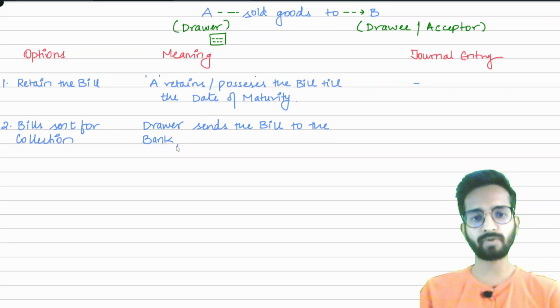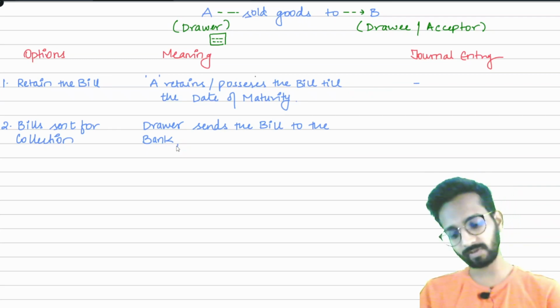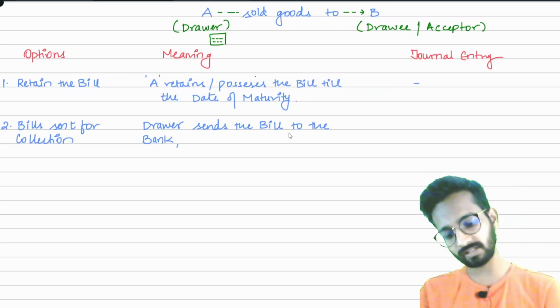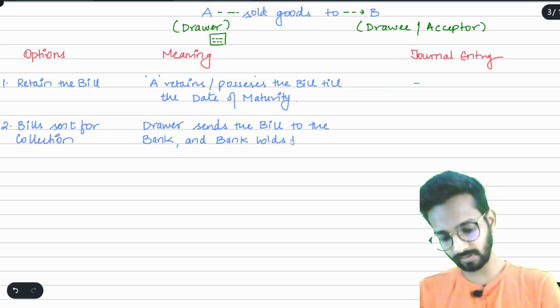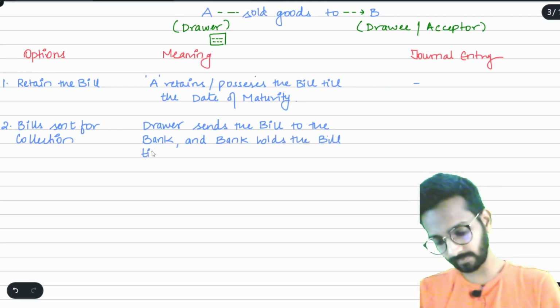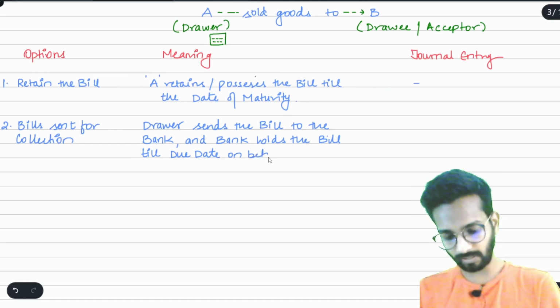Now here we are assuming that the bank will get money from B, and when B pays money to the bank, that bank will again come to our drawer and give the money to A. Drawer sends the bill to the bank and bank holds the bill till due date on behalf of drawer.